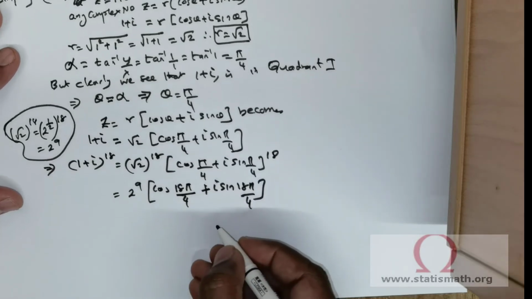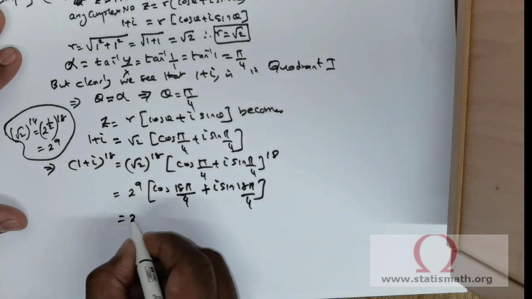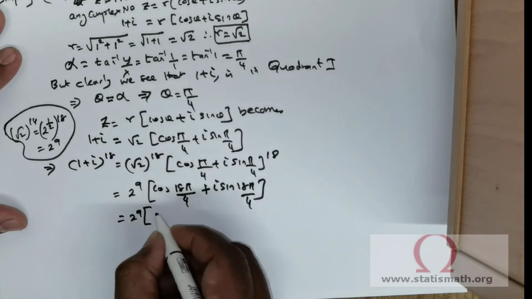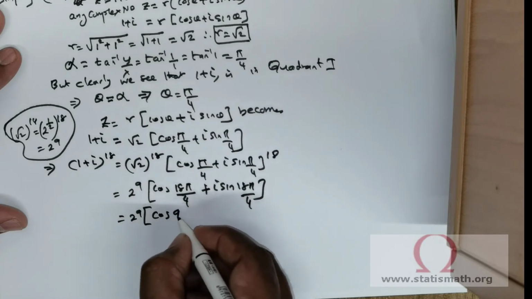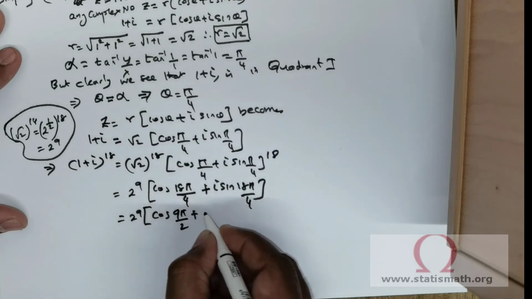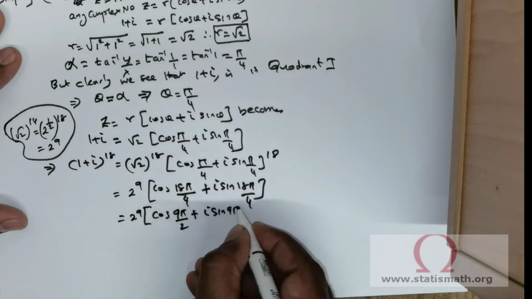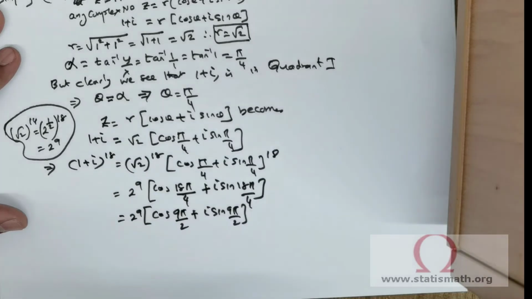This is what we get. Now this is equal to 2 raised to the power 9 times, reducing by 2, (cos 9 pi divided by 2 + i sin 9 pi divided by 2). This is what I get.